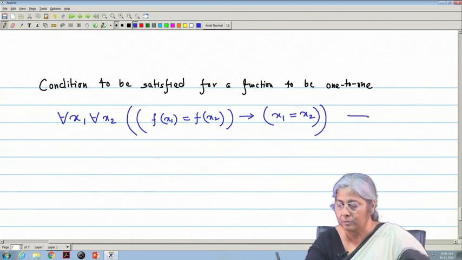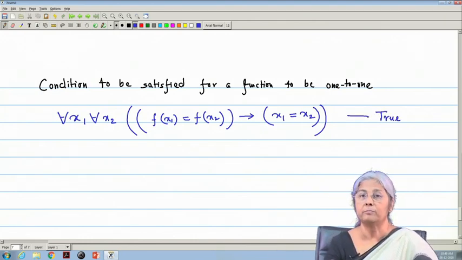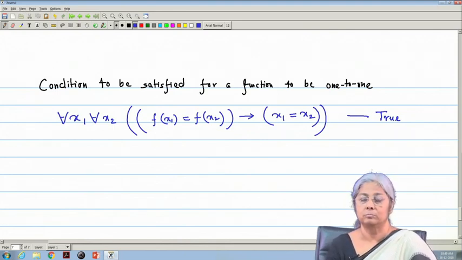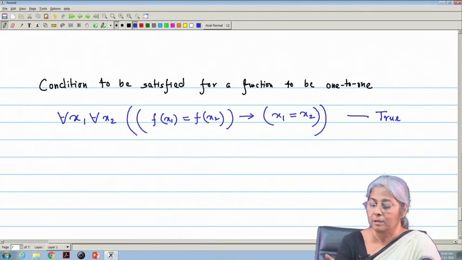This must be true. That means, if I get some f of x1 equal to f of x2, then x1 must be x2. That previous example we have seen. So, this is the condition to be true.